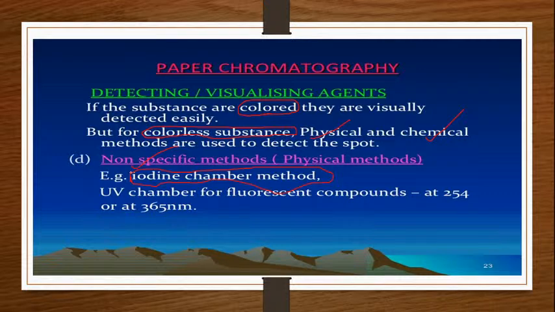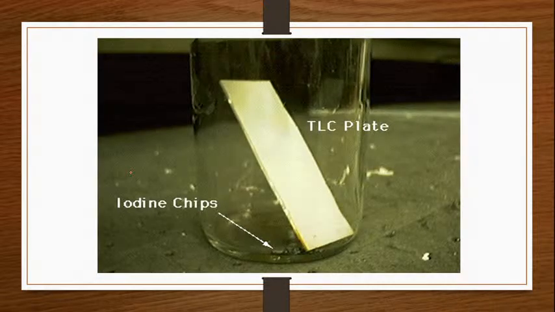So how does the iodine chamber method look? Forget about the TLC plate, suppose there is a paper chromatogram with you, you can use the iodine chamber method for TLC also. Remember, TLC also can be easily detected using the iodine chamber method.